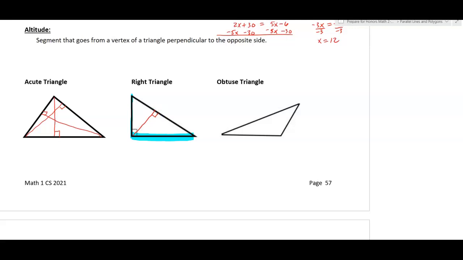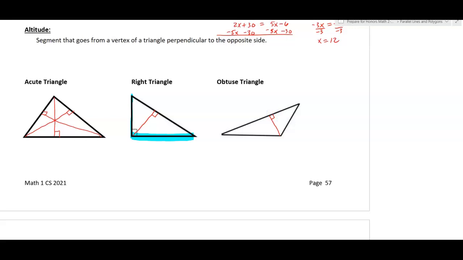So in an acute triangle, that would be like that. In an acute triangle, all of the altitudes are inside. In a right triangle, the legs are altitudes, and you get one that goes to the hypotenuse. In an obtuse triangle, you have one altitude.